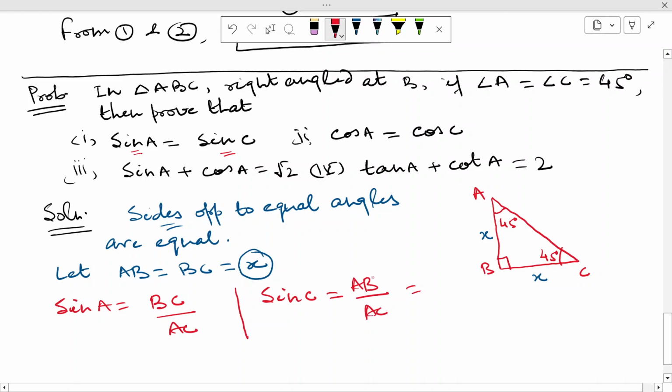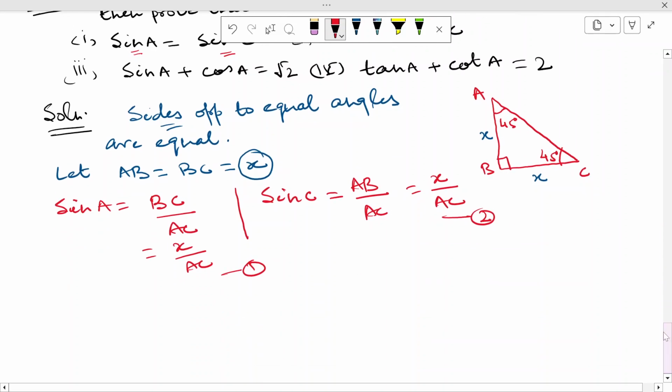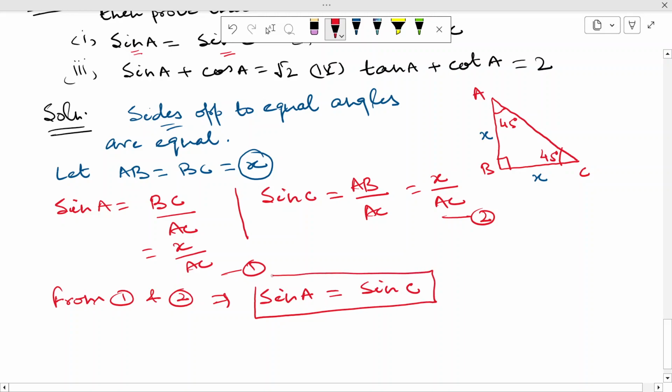Now, we are assuming that AB is x, so this will be x over AC. If you consider this as 1 and this as 2, from 1 and 2 we conclude that sine of angle A is same as sine of angle C. So, sine A is same as sine C.